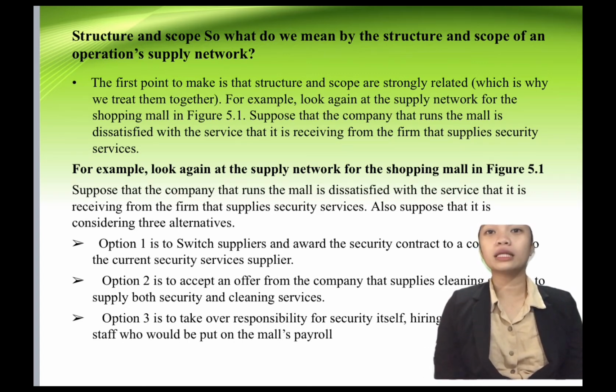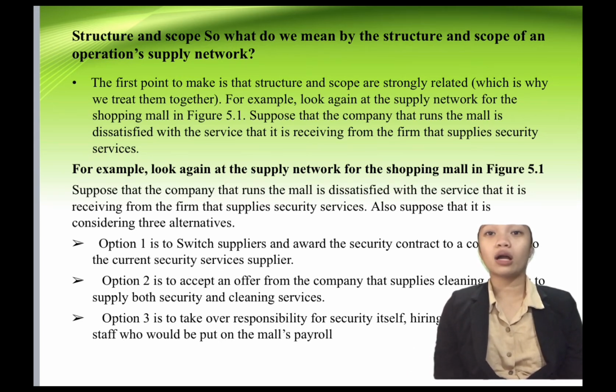Suppose that the company that runs the mall is dissatisfied with the service that it is receiving from the firm that supplies security services. Also, suppose that it is considering three alternatives. Option 1 is to switch suppliers and award the security contract to a competitor of the current security services supplier.